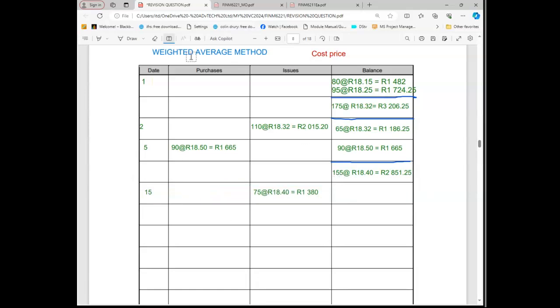No, we're gonna minus 2,851 and 25 cents. You're complicating things. Don't go there.